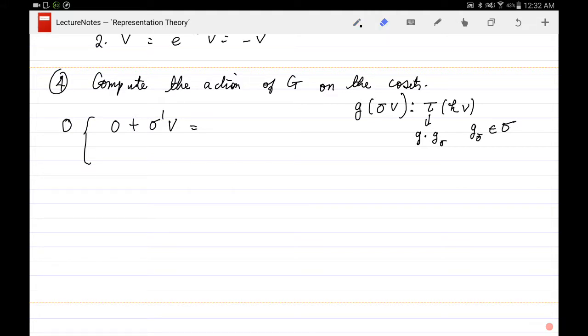Or maybe I can put it this way. So G times G sigma is an element of tau, and G sigma is the group element in sigma.